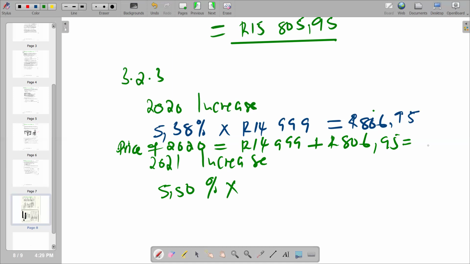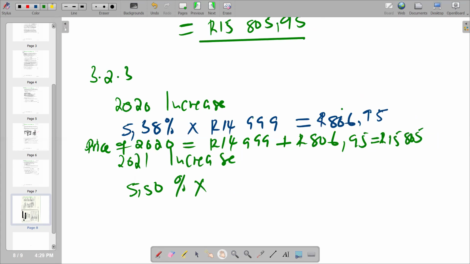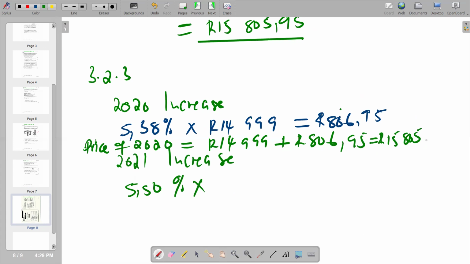So we add like that, we get 15,805 rands 95 cents. So this is the price that we're going to use here.